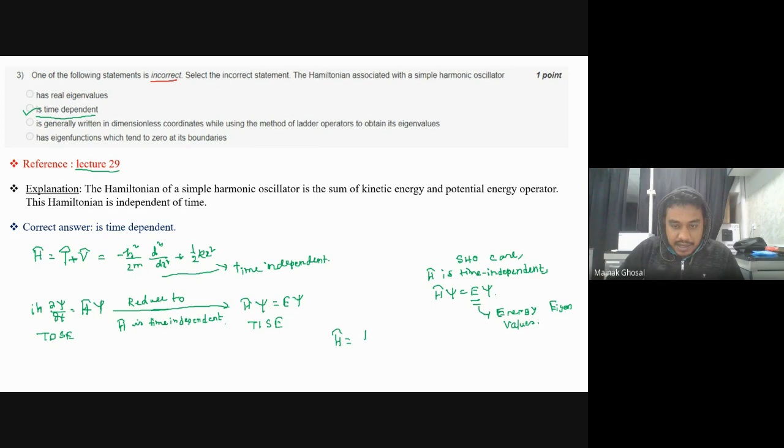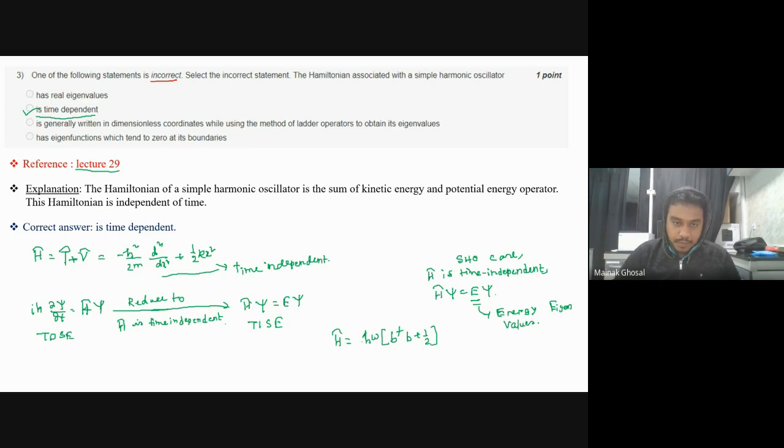I can write it in this ladder operator form as H cross omega B dagger B. Yes, so this is the way that B dagger B is related to the Hamiltonian operator.